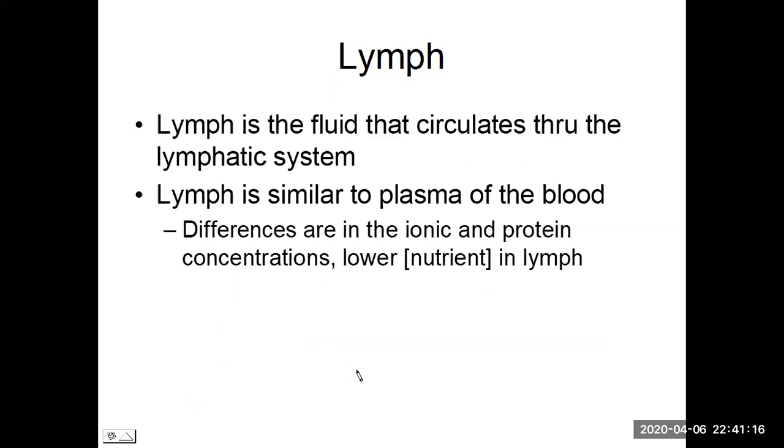So we started out describing how the lymphatic system is a second type of circulation for the body, whereas the cardiovascular system has blood in circulation. The lymphatic system has a fluid called lymph, and this is a second type of fluid connective tissue. So definitely a connective tissue and a fluid connective tissue.